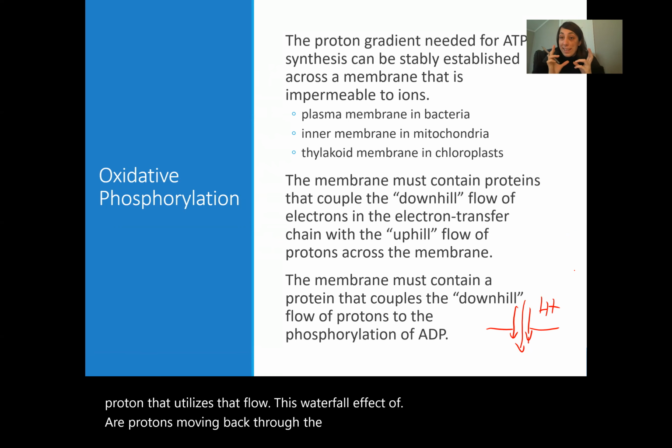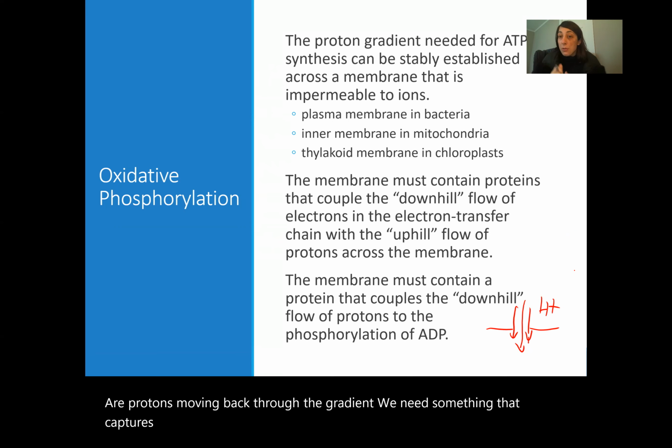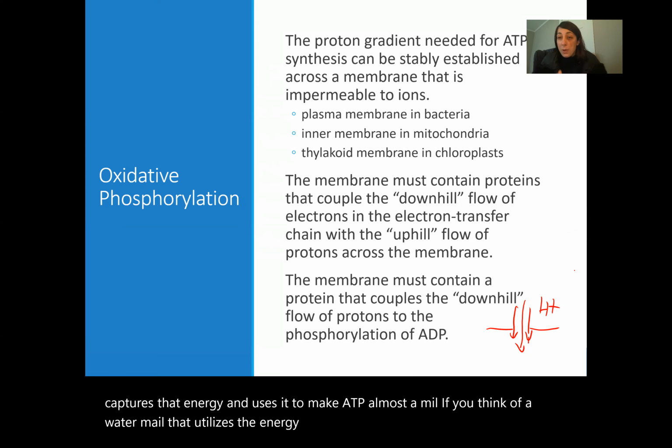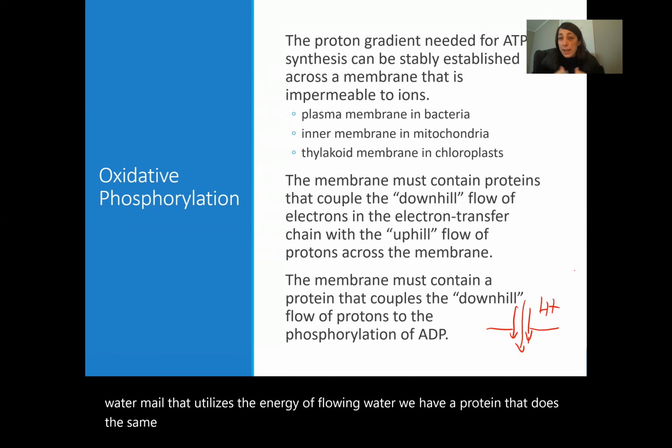We need something that captures that energy and uses it to make ATP, almost like a mill. If you think of a water mill that utilizes the energy of flowing water, we have a protein that does the same thing, utilizing that flowing energy to then make ATP.